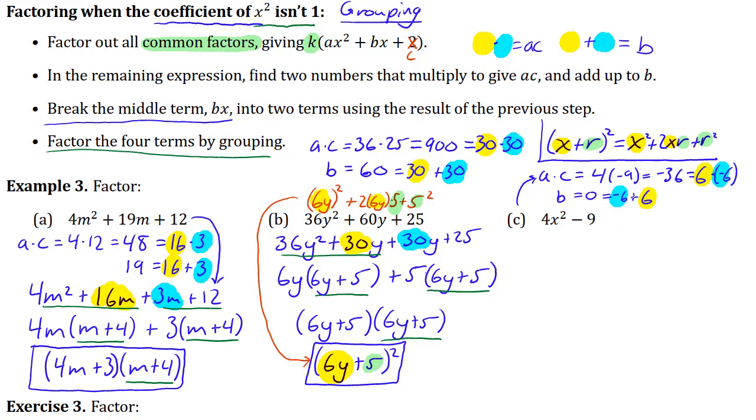And 6 plus negative 6 is 0. So, yeah, I could write this as 4x squared plus 6x minus 6x. That still adds up to 0. And then the minus 9, leaving that there.